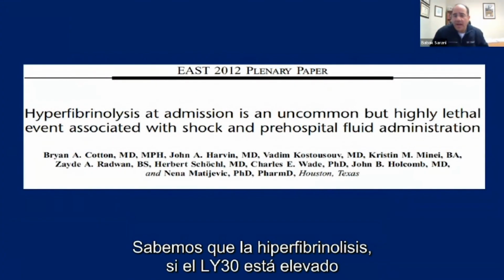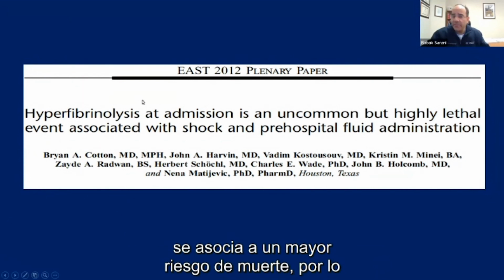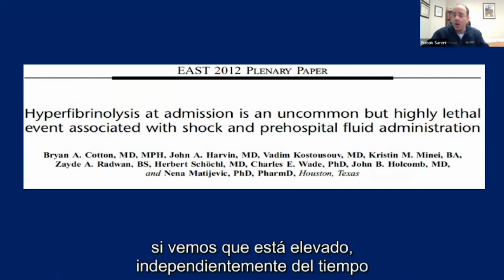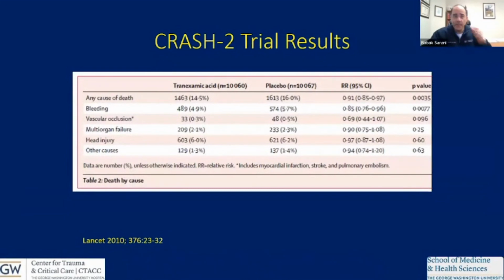We know that hyperfibrinolysis, if the LY30 is elevated and that is not treated, is associated with a higher risk of death, which is why we will measure the LY30 and we will go ahead and give TXA if we find that it's elevated, regardless of the time from injury to the test result.